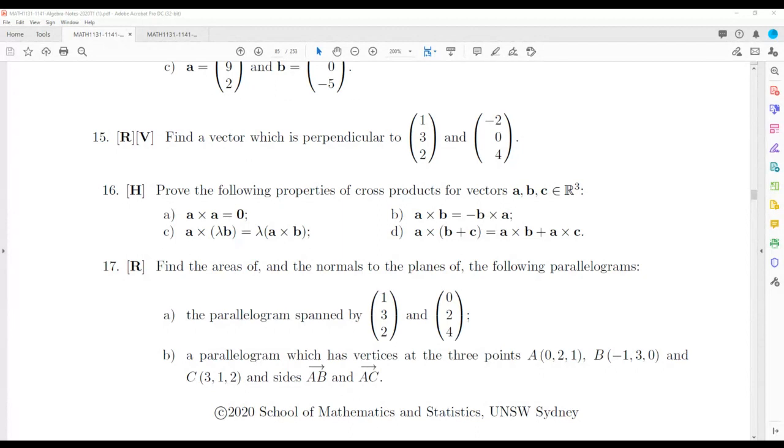See if you can find a pair of vectors that give you a cross product of 0, but they're not the same. See if you can do it. Yeah, same direction, probably a bit better. Yeah, 0 vector is good.